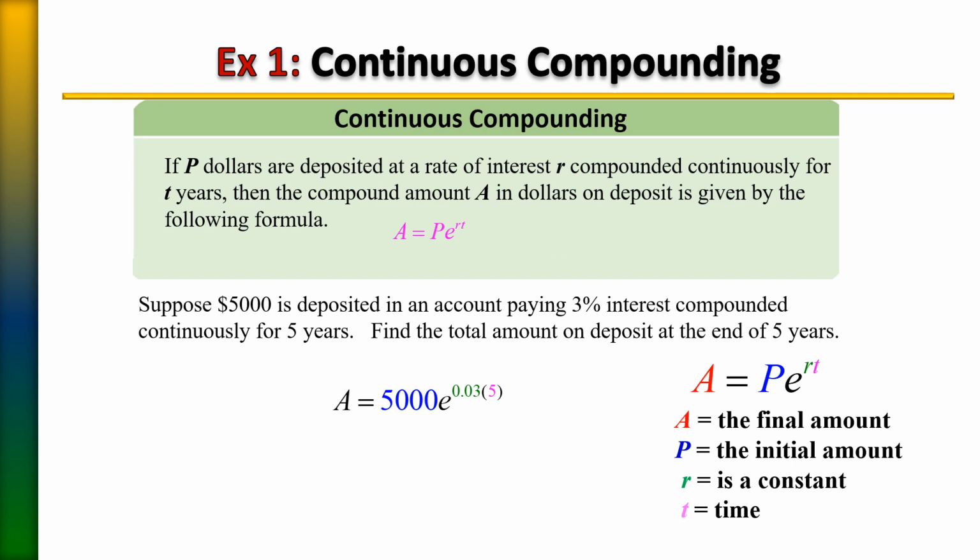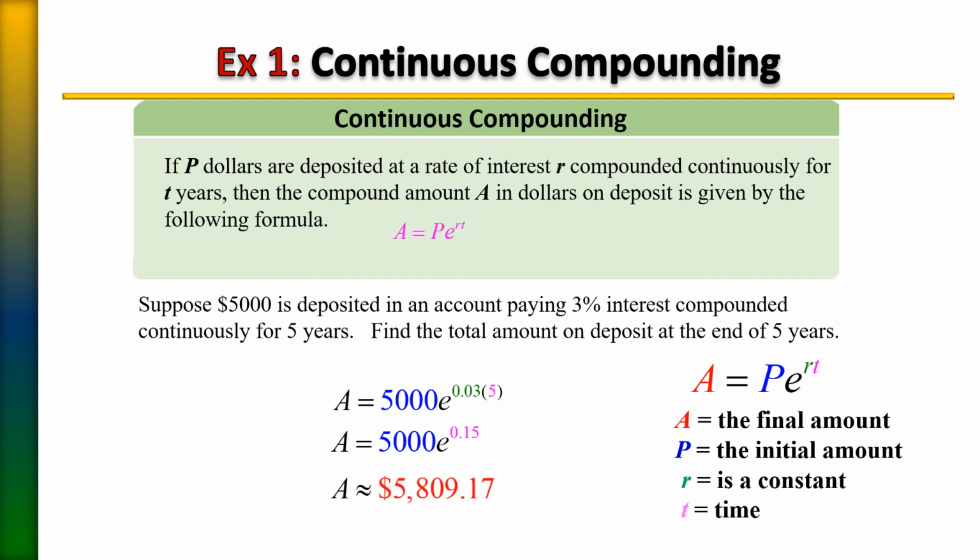You may have to press second to find it. Then you raise e, which is a number by the way, to 0.03 times 5 and press enter. You can do it all in one go by typing 5000 e raised to the 0.03 times 5 and pressing enter, and the calculator will give you the value.